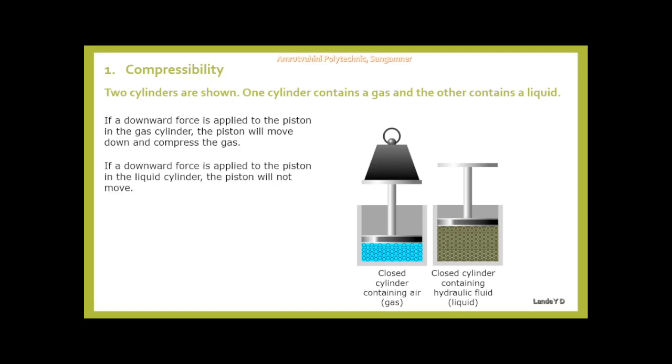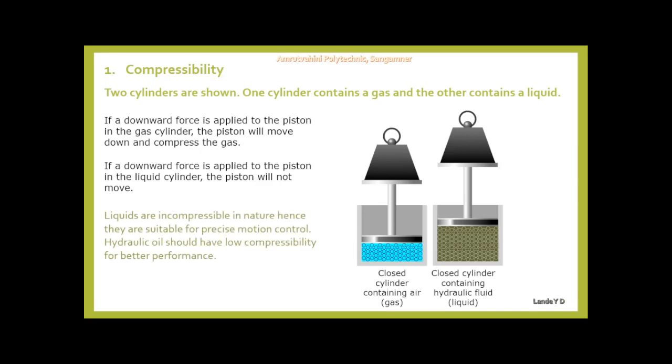If a downward force is applied to the piston in the liquid cylinder, the piston will not move. Thus we can say that liquids are incompressible in nature, hence they are suitable for precise motion control. Hydraulic oil should have low compressibility for better performance.